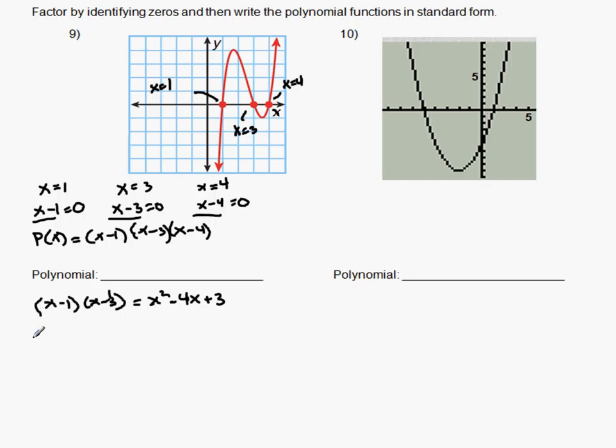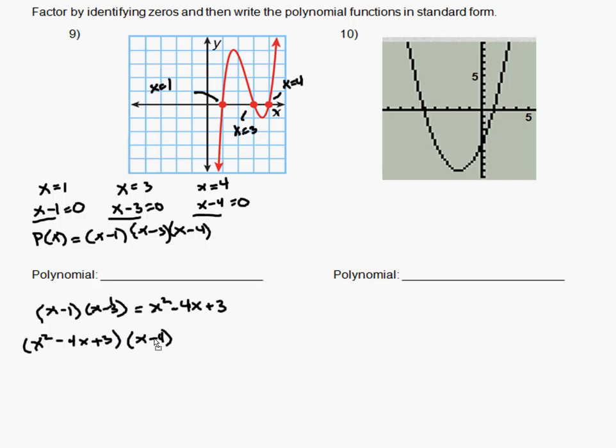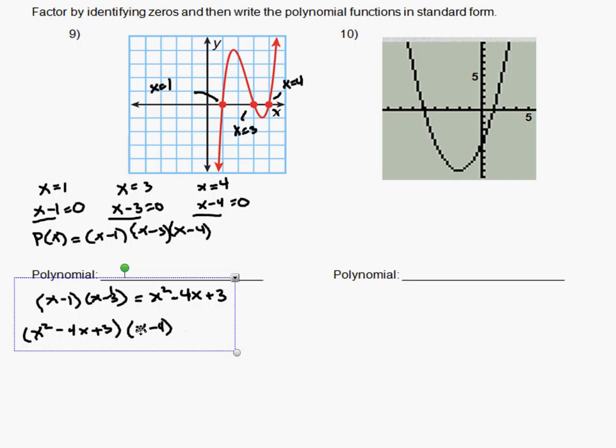Now I'm going to take x squared minus 4x plus 3, and I'm going to multiply that by my third binomial, which is x minus 4. I'm going to do this vertically because I find it easier to do that. Let's see if I can do this.